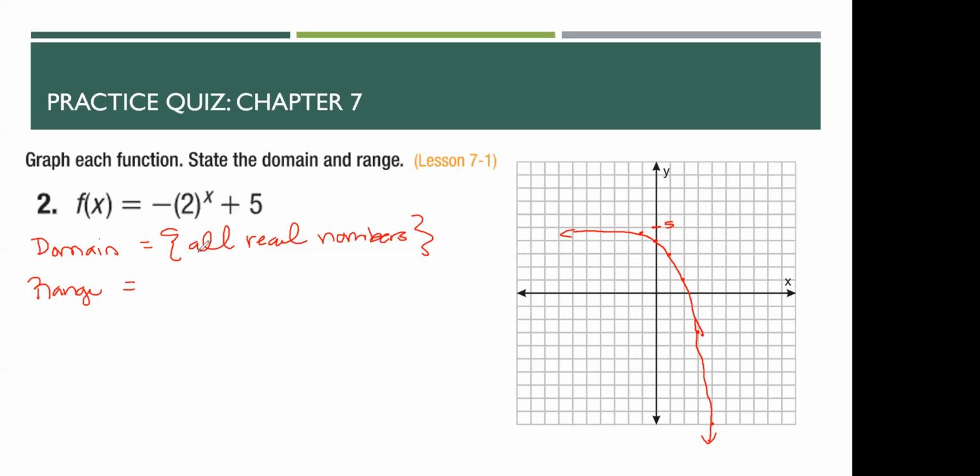So we would say that f of x, which is another way of saying the y values, has to be less than 5. It cannot be equal to 5. Remember the asymptote, it just approaches that line and never crosses it. So it's just less than 5, okay? All right, sorry, all the table got deleted.